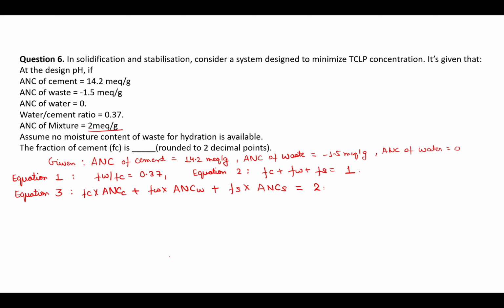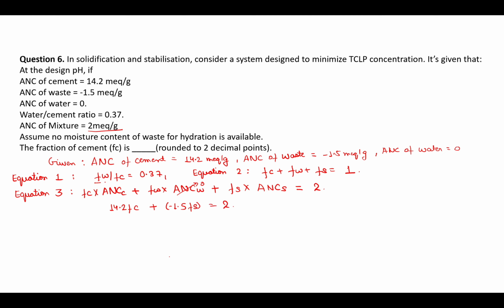So we have fraction of cement into ANC of cement, that is 14.2 Fc, and acid neutralization capacity of water is 0. So Fs is minus 1.5, so minus 1.5 into Fs equals 2.